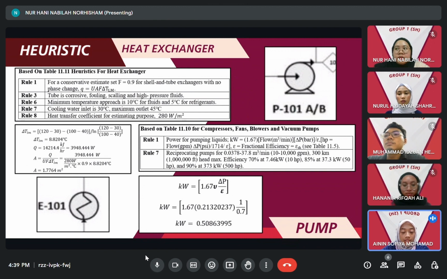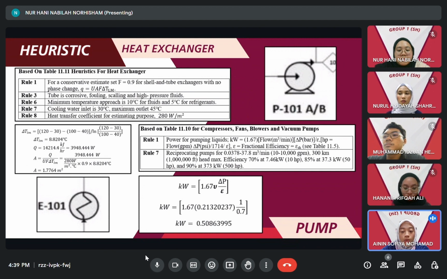As for the next equipment, which is the pump, we will refer to table 11.10 for compressors, fans, blowers, and vacuum pumps. So we follow rule 1 and rule 7. For rule 1, we use it to find the shaft power, which is 1.67 multiplied with our volumetric flow rate in the unit of meter cube per minute, and later multiplied with the delta P divided by the fractional efficiency.